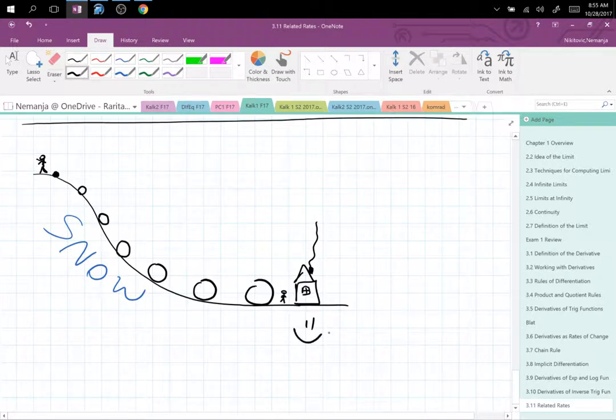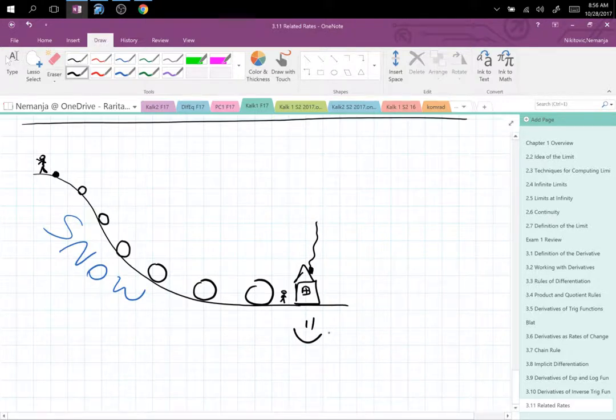Right? So, as the snowball rolls in time, it picks up the volume. What are all of the concepts that grow in time? Radius, surface area, and volume.